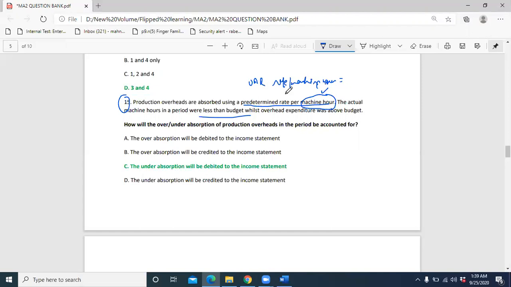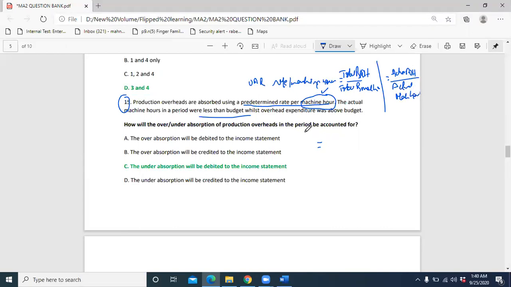What is the formula for standard overhead absorption rate? On the basis of the machine hour, it's total budgeted production overhead divided by total budgeted machine hours. And how would the actual overhead absorption rate be calculated? It's actual production overhead divided by actual machine hours, right?